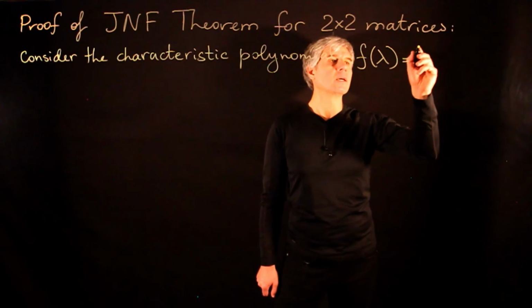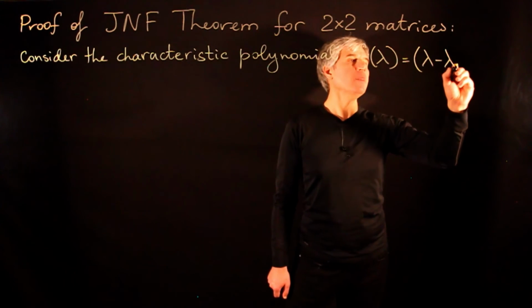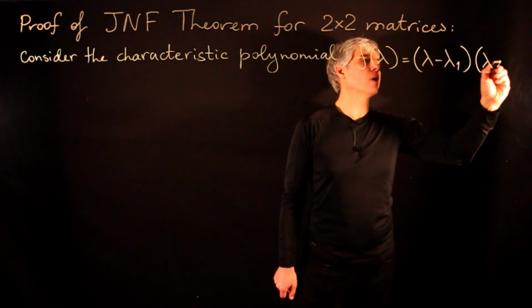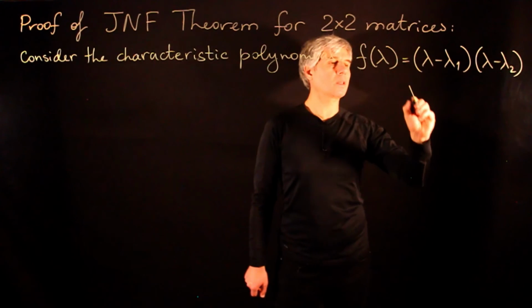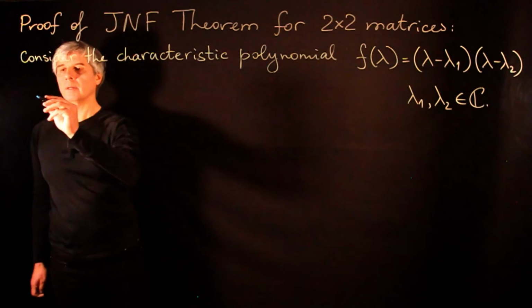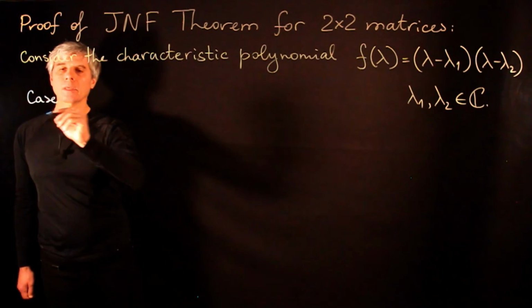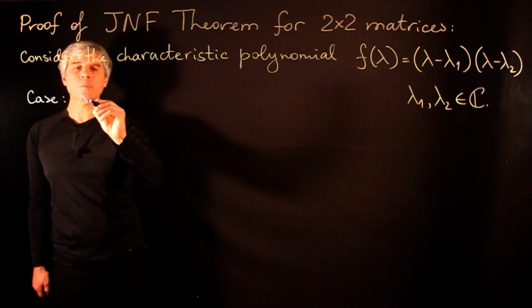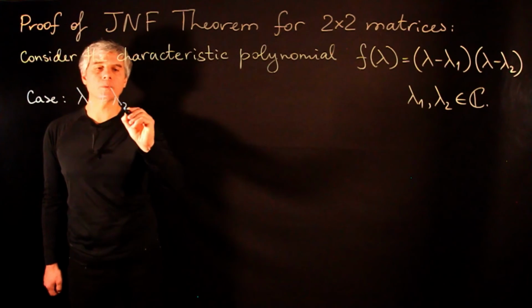So this will be lambda minus lambda 1 times lambda minus lambda 2, where lambda 1 and lambda 2 are complex numbers. Case 1. So suppose lambda 1 is not equal to lambda 2.